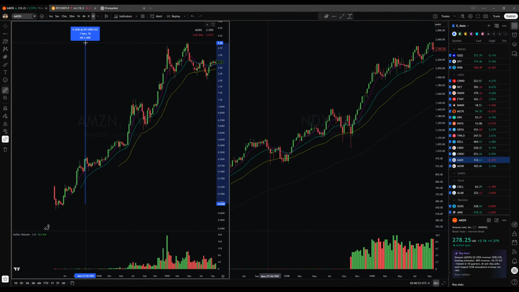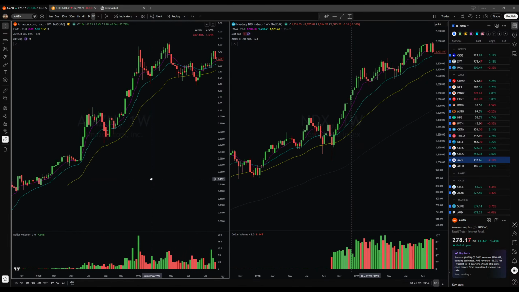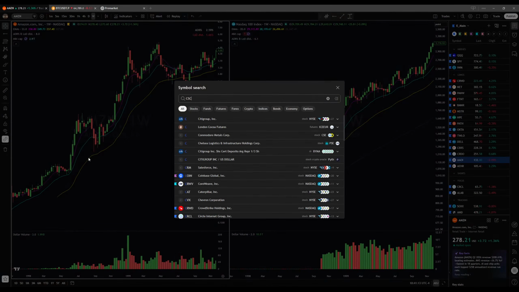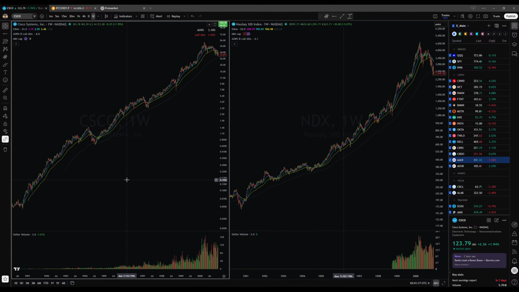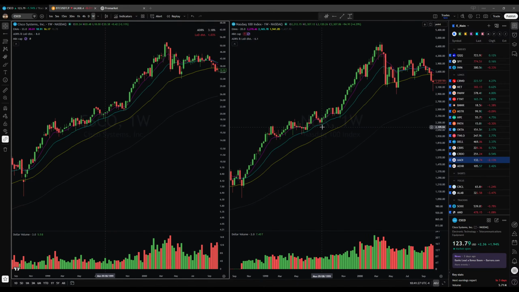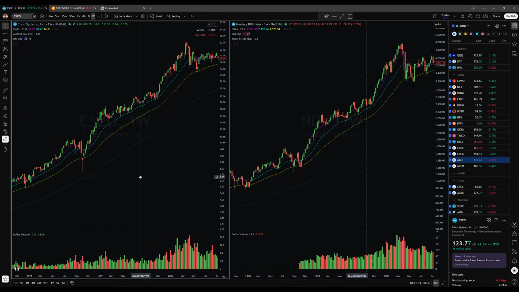Yeah, but Amazon making a 7,000% move in a year and a half is phenomenal. It's just too crazy. So the second one is Cisco. Cisco, I think, probably is one of the largest market cap stocks back then.